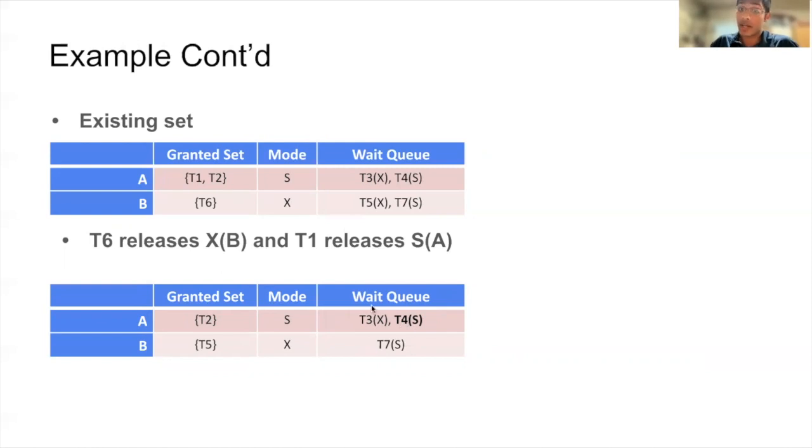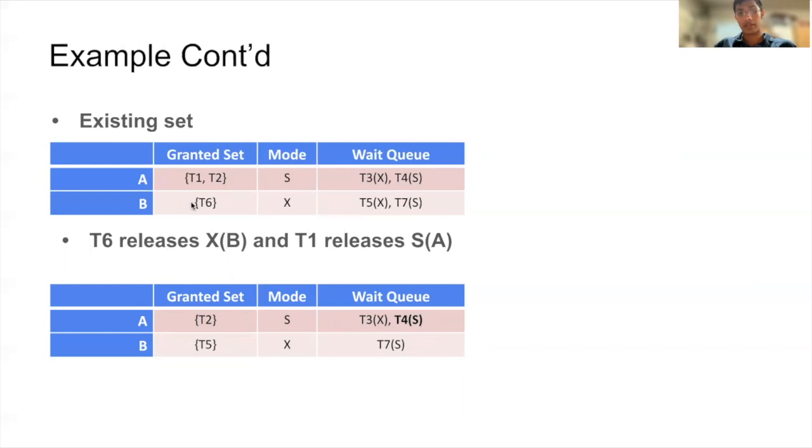No, we can't, because T3's X request comes before T4 in the wait queue. T3 wants an X lock, and it requested that X lock before T4 requested its S lock. So when we release T1, we're going to look at the wait queue. We're going to see, okay, can we grant the first request in the queue? No, we can't. An X lock conflicts directly with an S lock, so we can't give that. So T4 is still going to have to wait its turn.